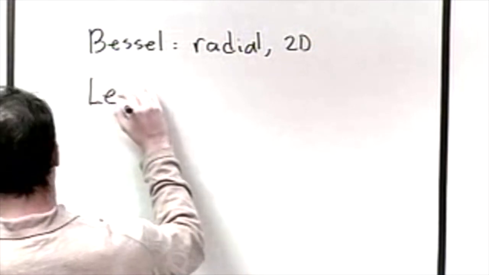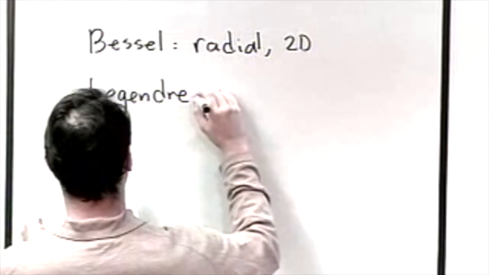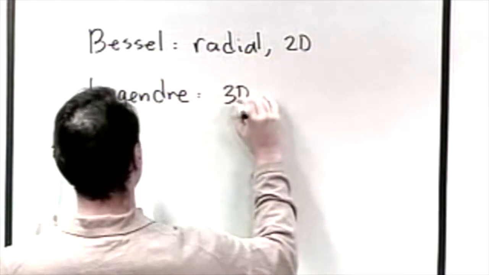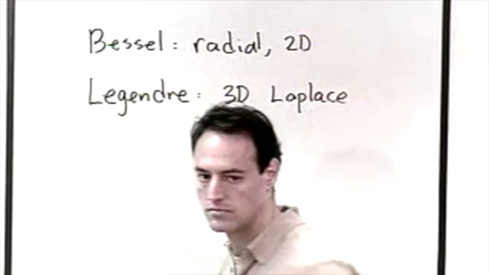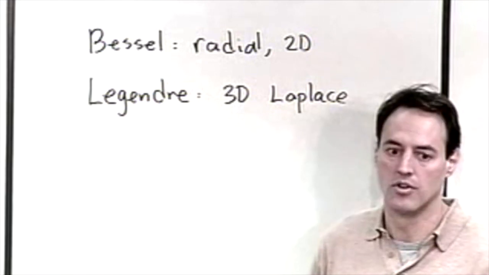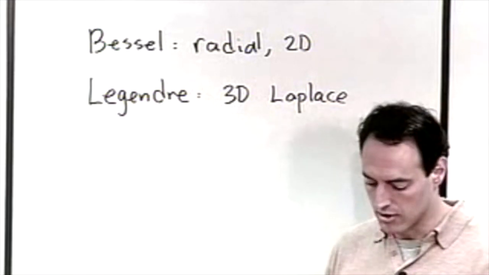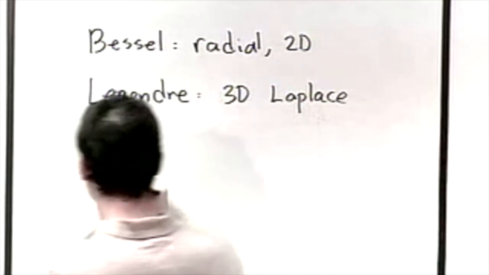Legendre polynomials, which are really good for 3D Laplace problems. That's where they arise. So when you're in that situation, Legendre is the thing you want to think about using. Here's some more.